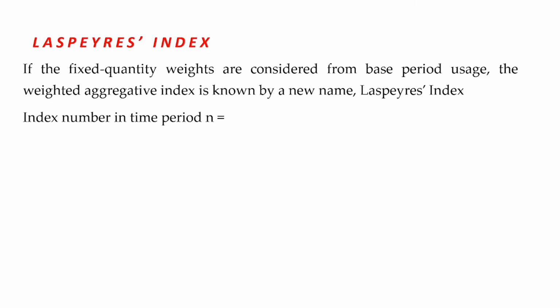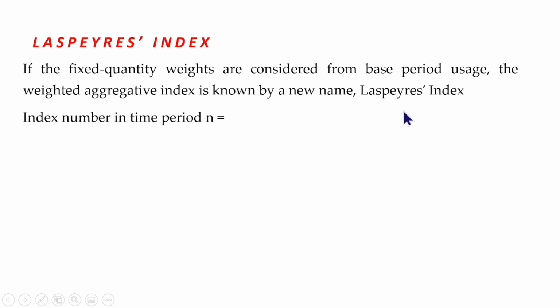Now we have the next method of finding the index number given by the French economist Laspeyre. It is called Laspeyre's index. What he has recommended is that the weights that are used should be based on the base period usage. So if the fixed quantity weights are considered from base period usage, then the weighted aggregate index is known by a new name, which is called Laspeyre's index.